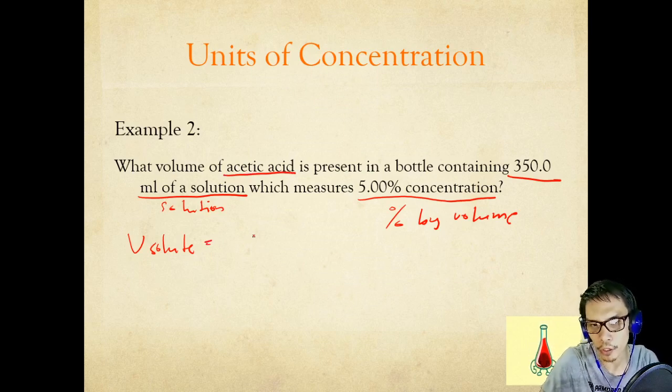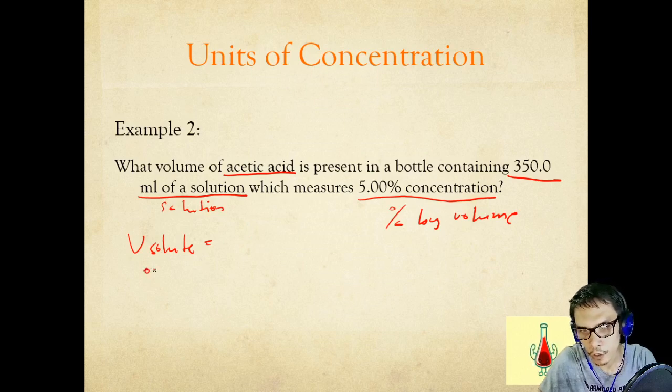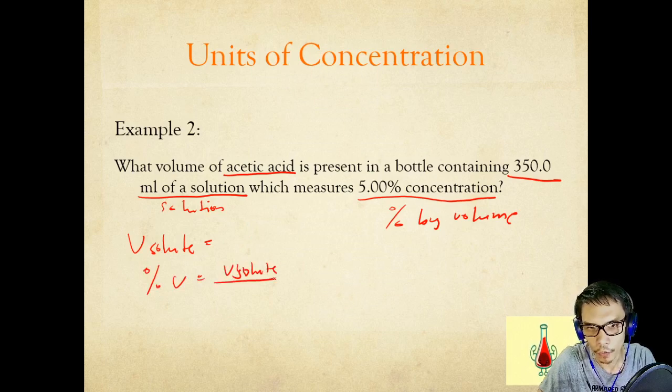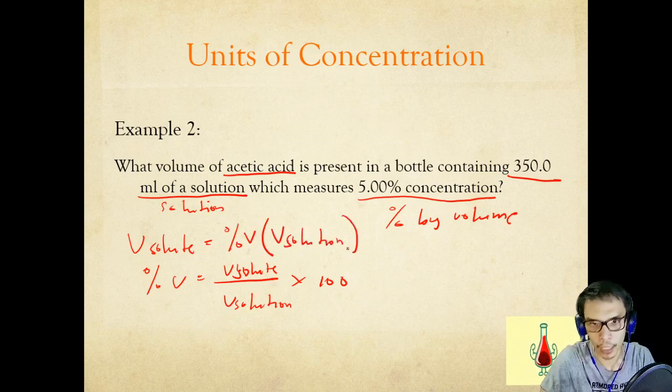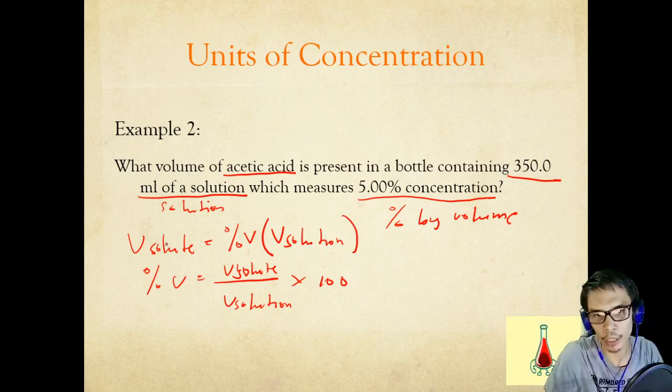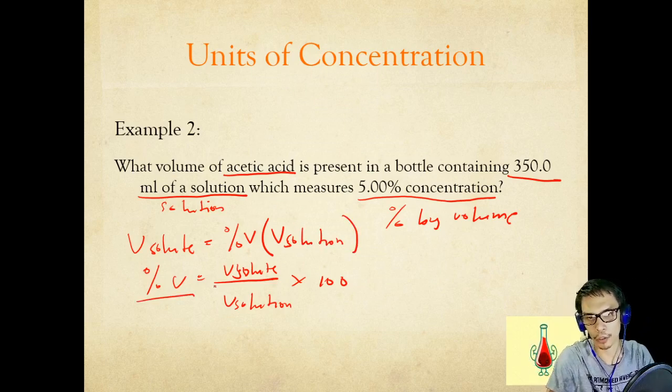In order to compute for that, let's have the formula again. Percent by volume is equal to volume of solute over volume of solution times 100. In this case, we can get volume of solute by multiplying percent by volume times volume of solution. This is already 100%, so we will now incorporate the 100 here.